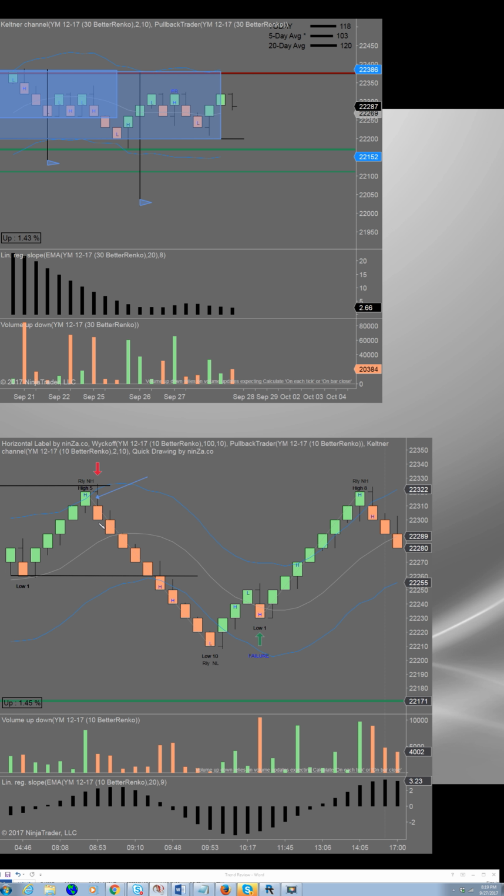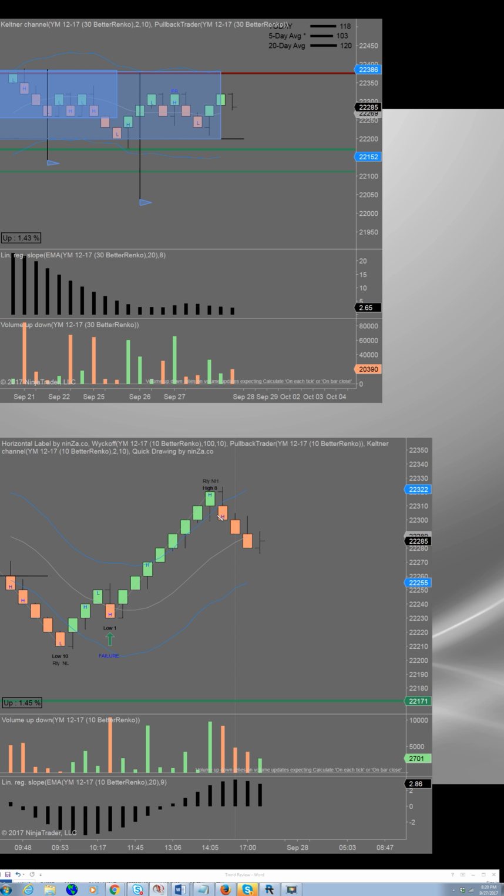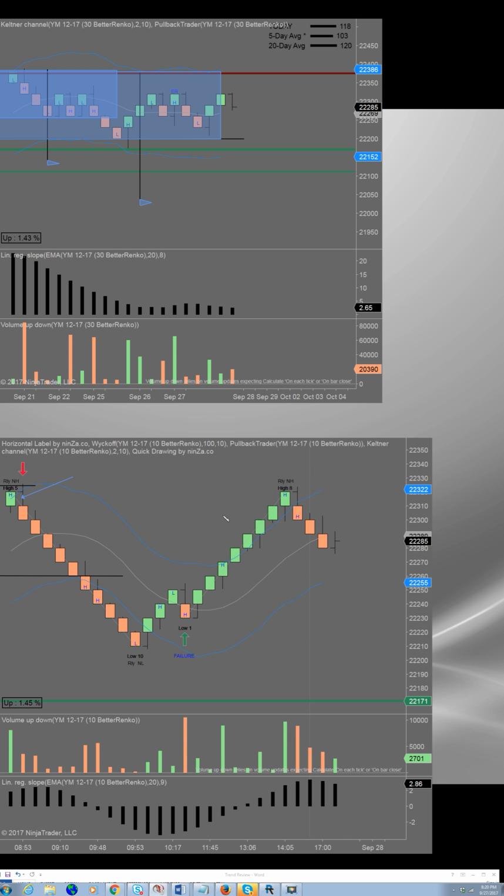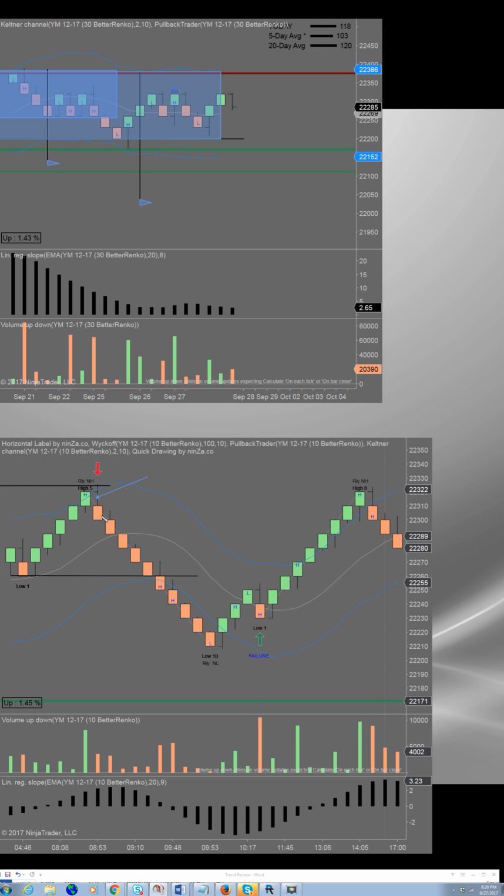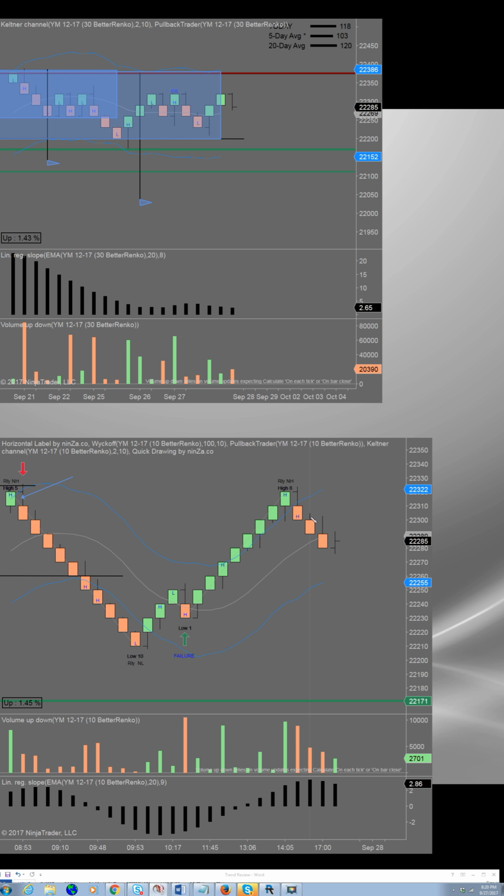Many times it ends with high volume at the top, followed by an immediate reversal. High volume at the top, followed by a reversal. So that's one lesson.